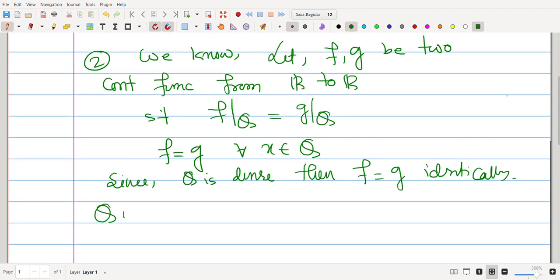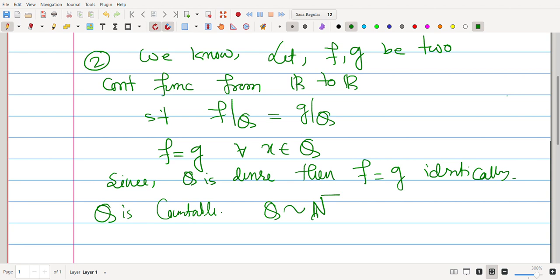We know that Q is countable. That means Q is similar to the natural numbers, which are also countable. So I can think of the elements of Q as a sequence, because I can think of the natural numbers as a sequence.